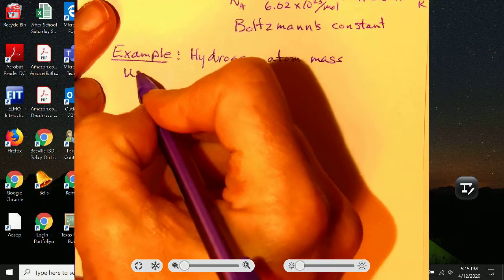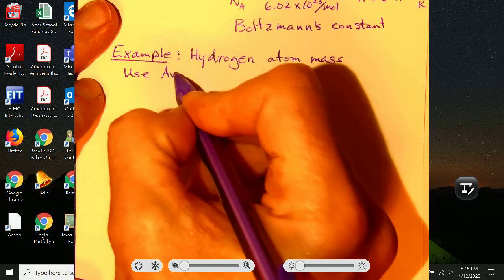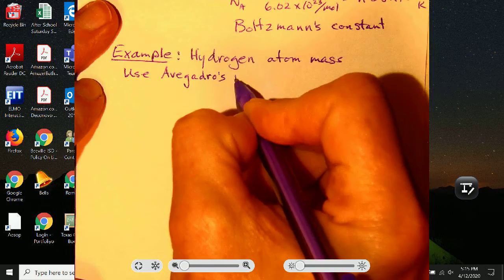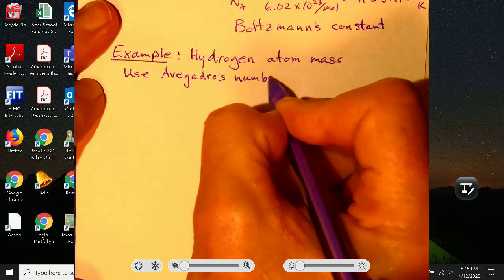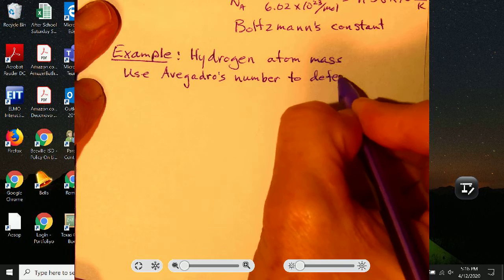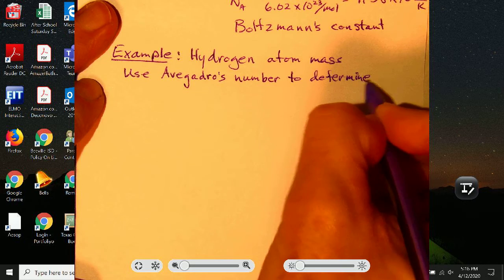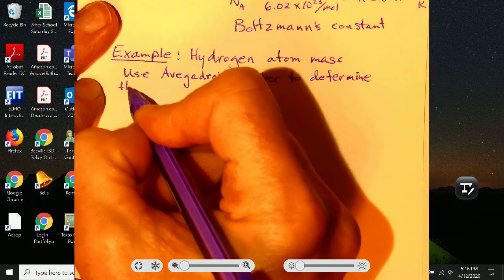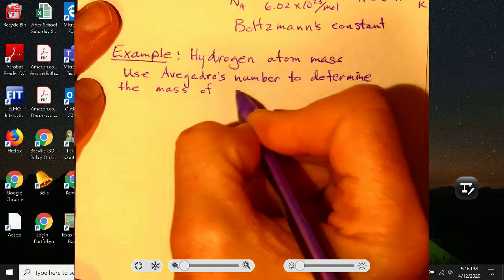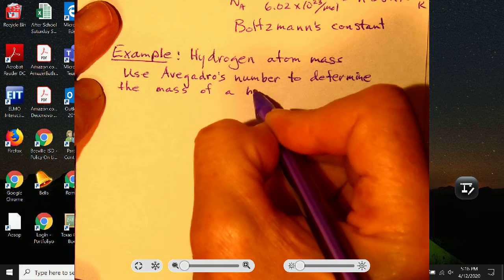We want to use Avogadro's number to determine the mass of a hydrogen atom.